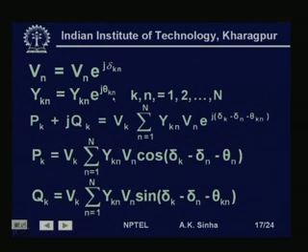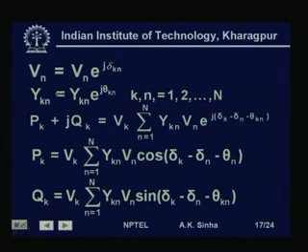We have the impedance written as r plus jx, and the admittance will be 1 by r plus jx, which we can write as g minus jb. Therefore, we will have an angle depending on the magnitudes of g and b for this admittance. So, we have Ykn is equal to magnitude Ykn into e to the power j theta kn.